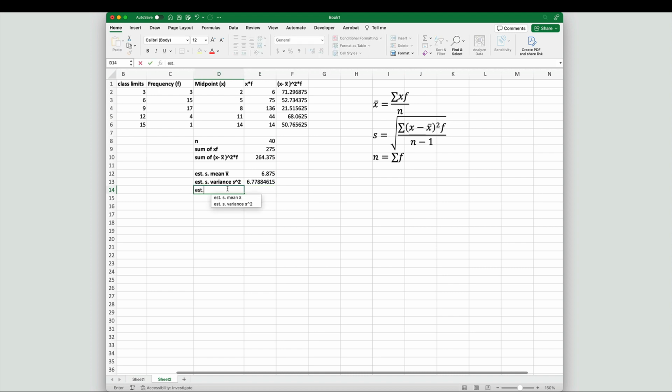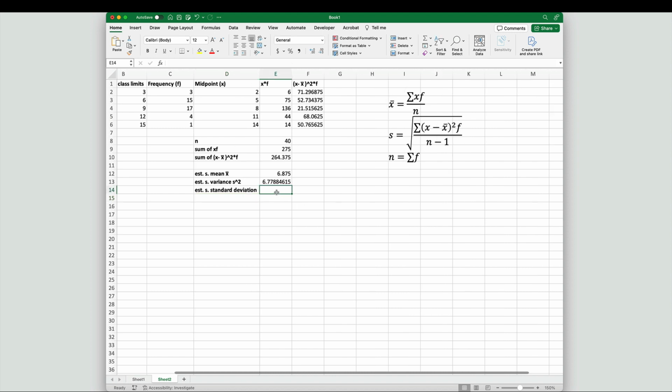Now I can finally figure out the estimate for the sample standard deviation, which is the square root of the inside of this fraction, and that's just the variance. So we calculate the square root of that, and there you go. That's how you get the standard deviation.